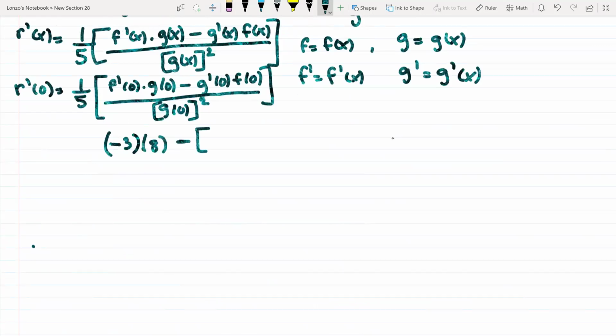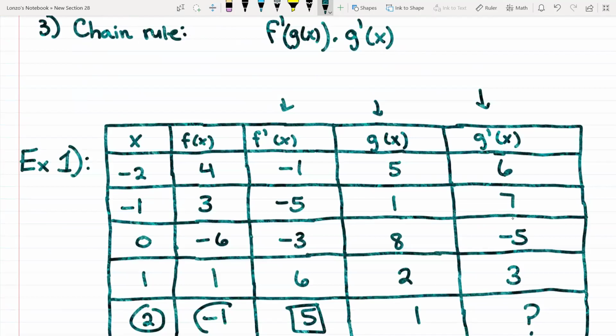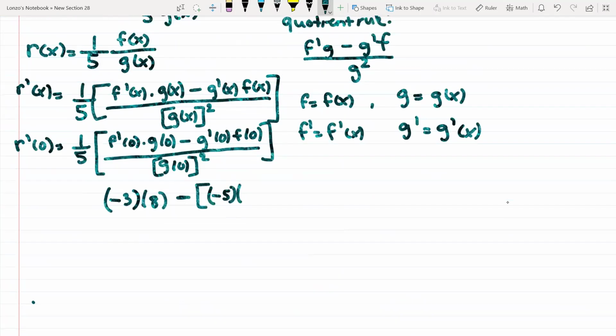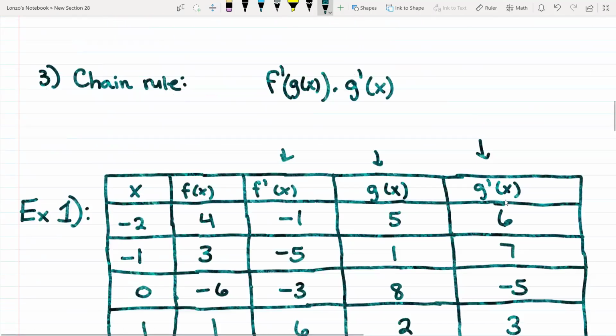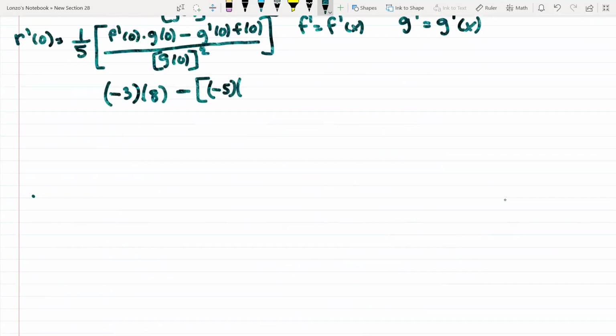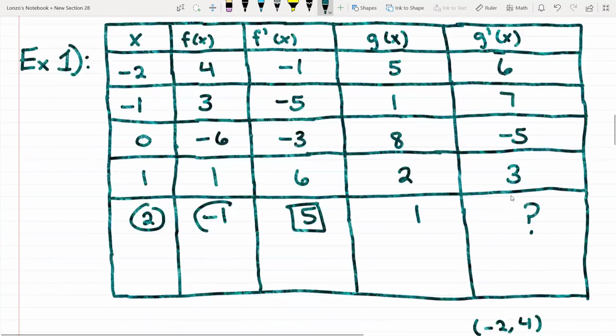Minus, bracket, G prime of 0 gives you an output of -5 times F of 0, which is -6. And then G of 0 is 8.